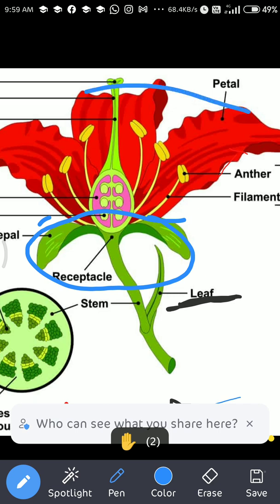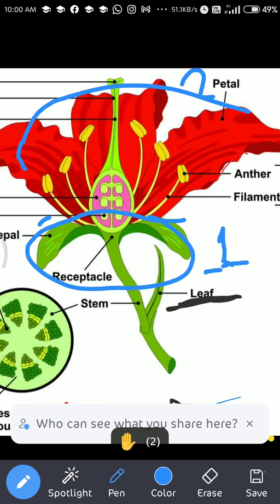Here, the second whorl, this red color, is the second whorl. This is the first whorl. Some flowers are purple color, some white, some pink. So the colored part of the flower is actually corolla, and the single unit of the corolla is known as petal.